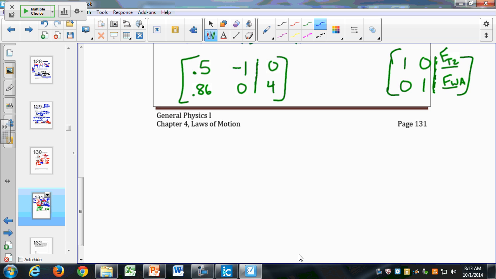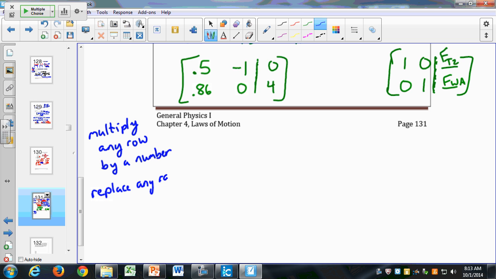All right, you can multiply any row by a scalar, or by a number. You can replace any row with the sum of that row and another.